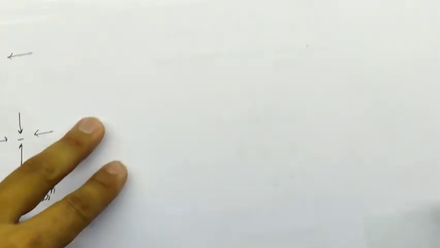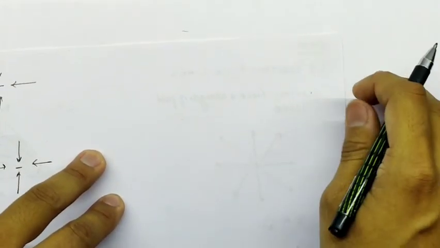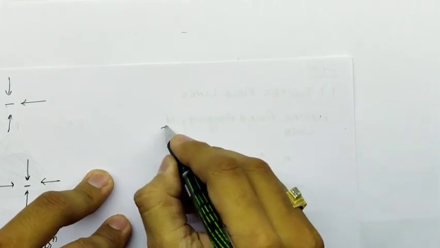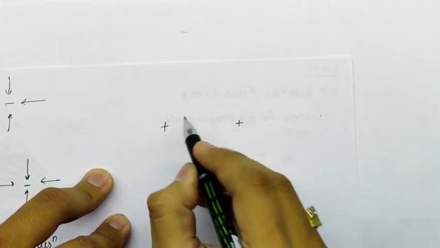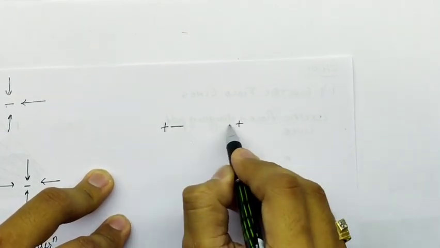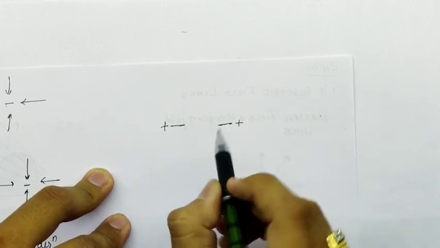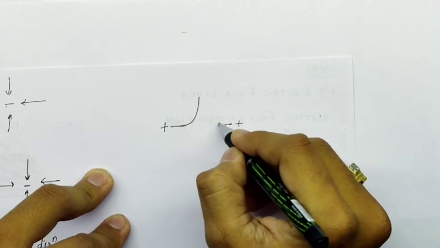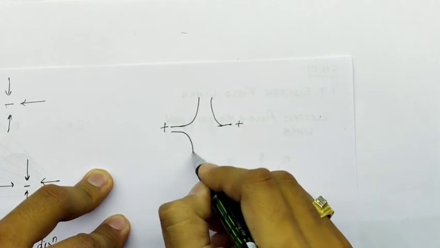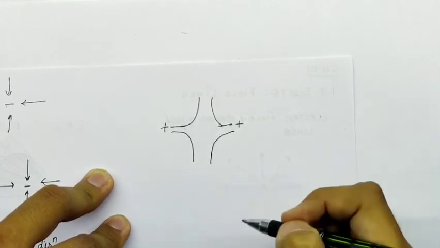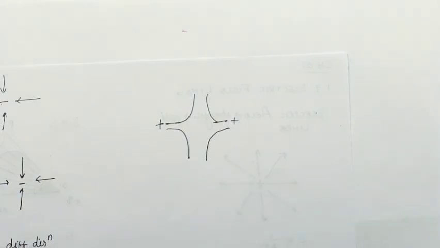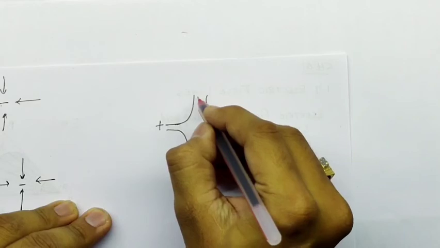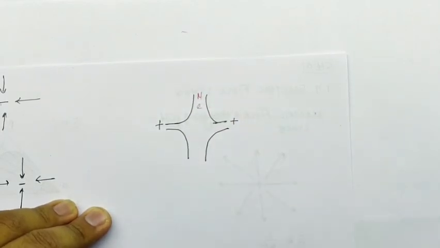Let's discuss like charges. Suppose both are positive, with outward direction, but they repel each other, so the lines are curved like this, and the area where electric field lines are absent is called the neutral area.